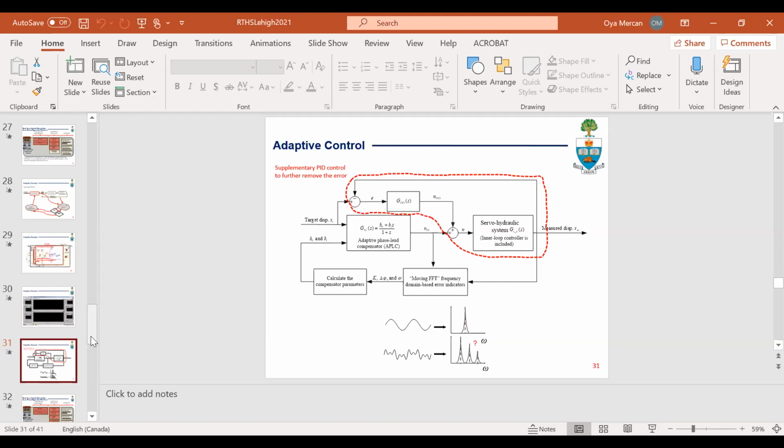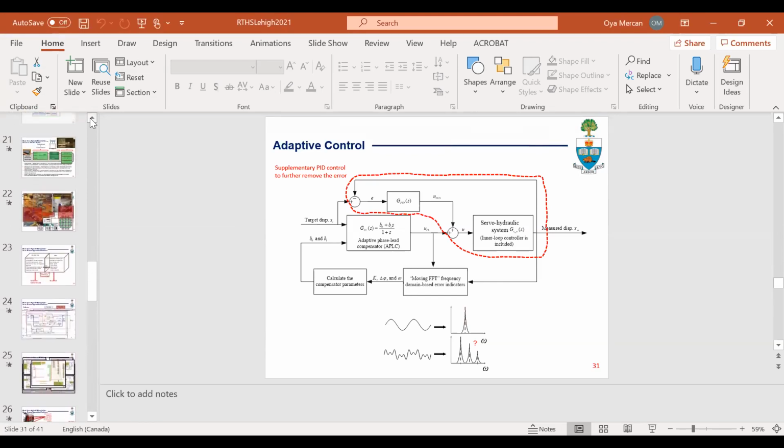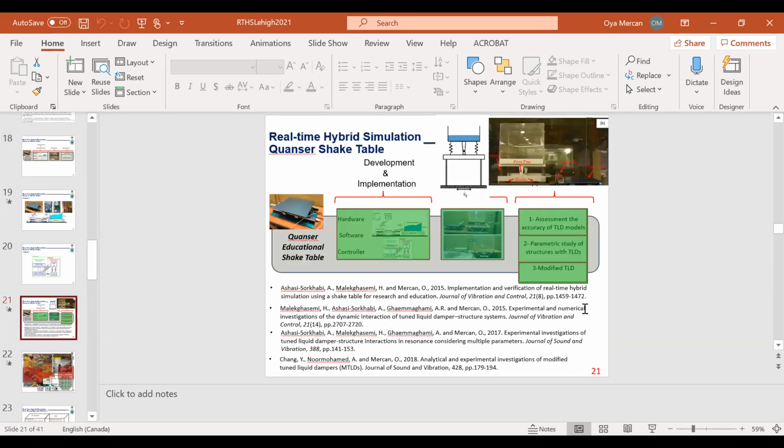Next question from Camilla is, in the example of the TLD on the educational shake table, did you encounter any distortion or scaling related issues? In terms of the investigations that we have done, this scale of TLD is even larger than most of the TLD studies that used a shake table where they have the TLD on top of a structure.